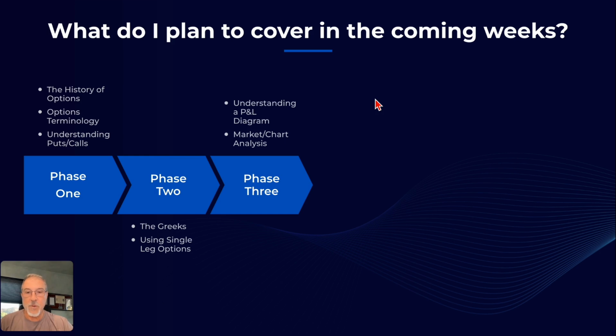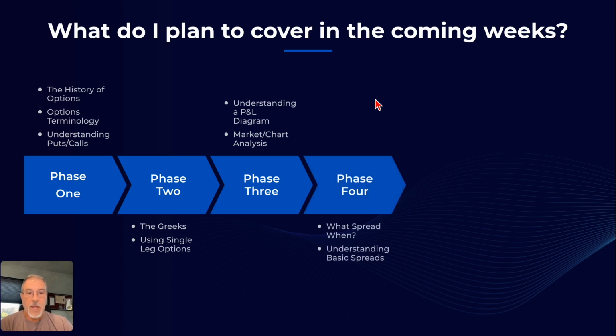Then further down the road, we'll get into understanding a P&L diagram, and then a little bit of technical analysis or chart analysis. Then we'll talk about different types of spreads, the bull put spreads, bear call spreads, why a spread over a single option, understanding the basics of spreads.